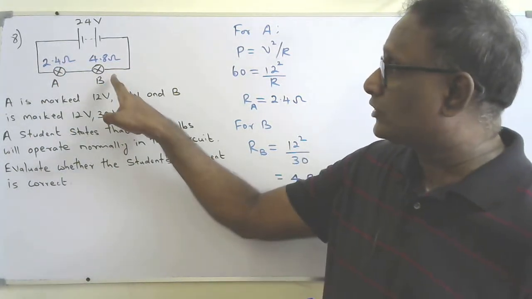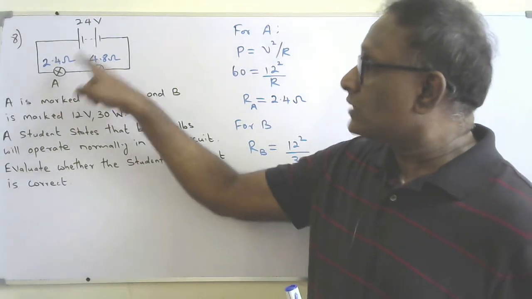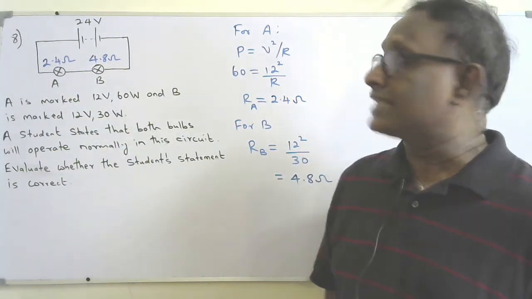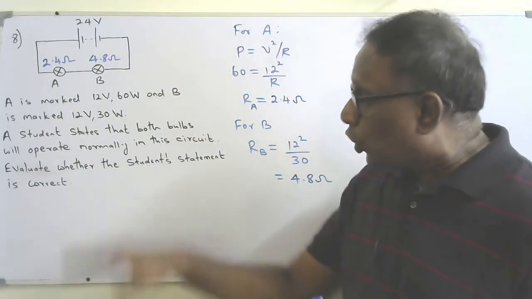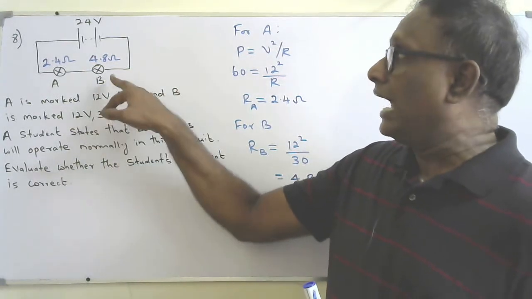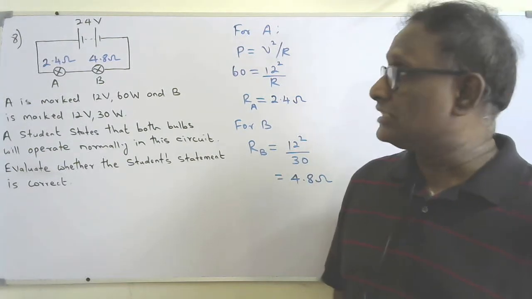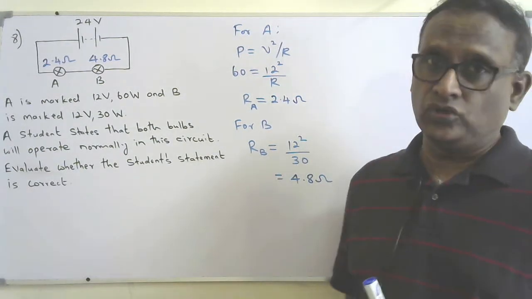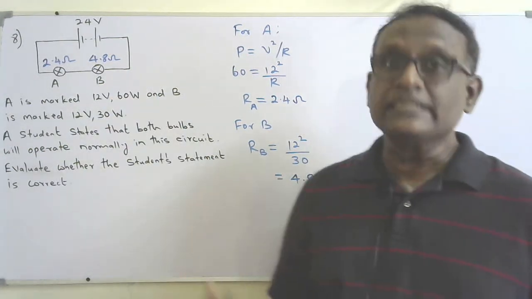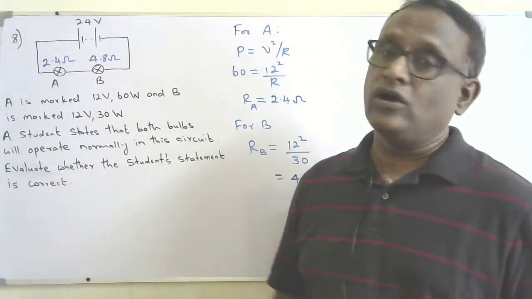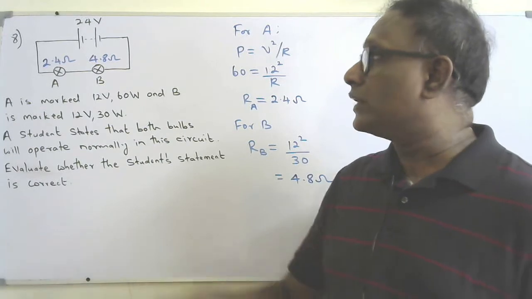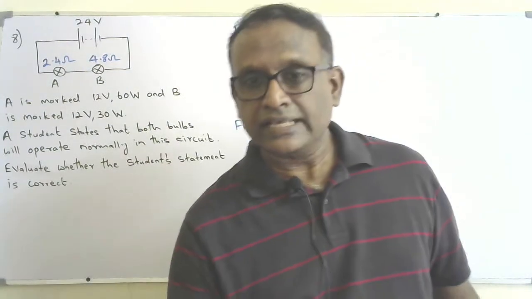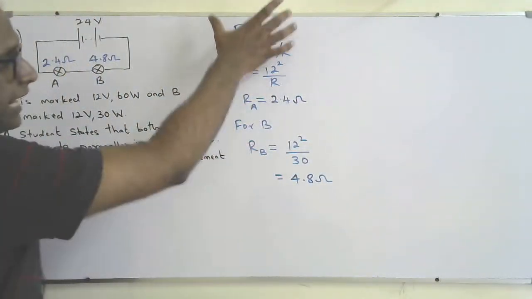That means the voltage across B will be almost twice the voltage across A. So bulb A will get a voltage lower than 12 volt and bulb B will get a voltage more than 12 volt. So bulb B might fuse and bulb A also will not function properly because the voltage across it is lower than 12 volt.